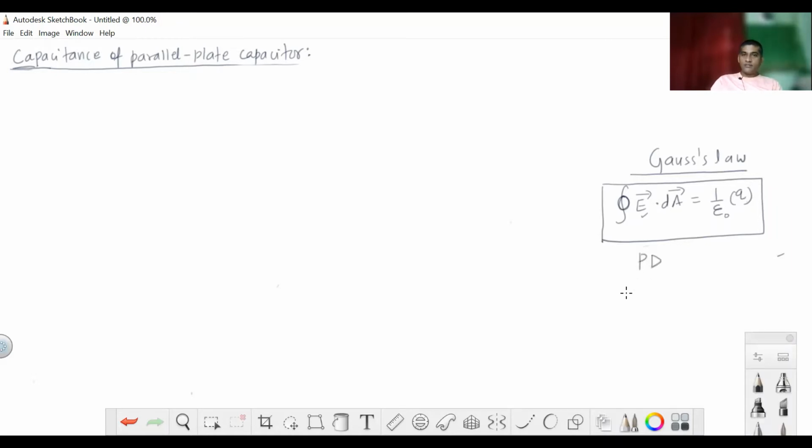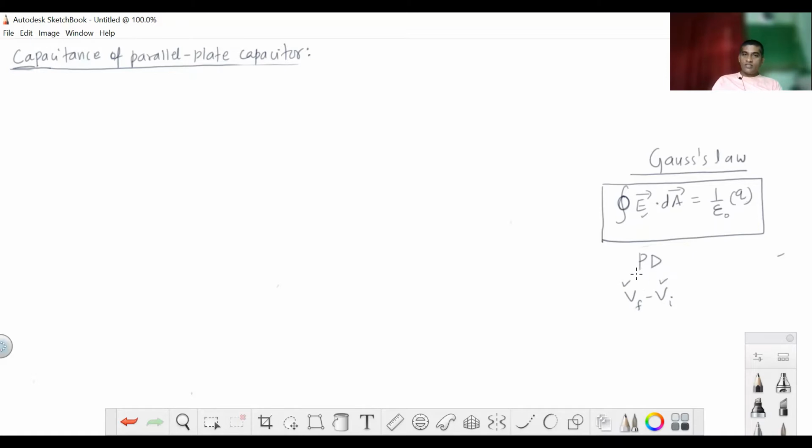potential difference can be written as Vf minus Vi, where i and f indicate initial and final position, and Vf is the potential at final position, and Vi is the potential at initial position.